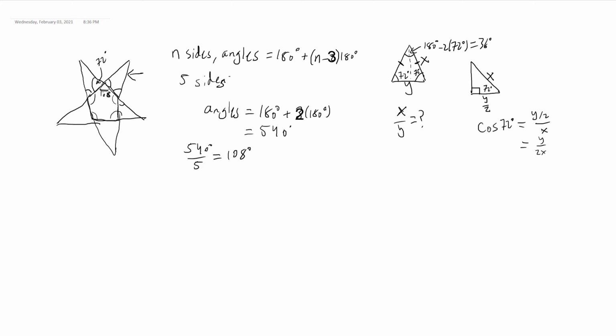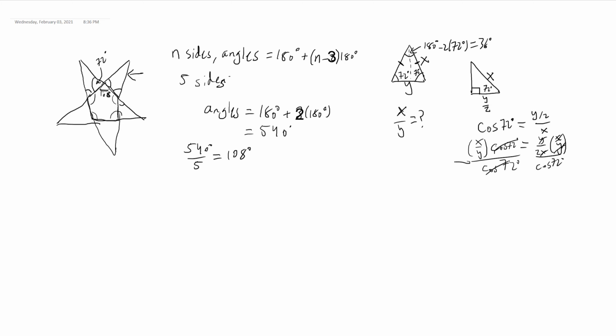Now, I want to find x over y. So I'm going to multiply both sides of this equation by x over y, and then I'm going to divide both sides by cosine of 72 degrees. And so we get cancellation there and there.